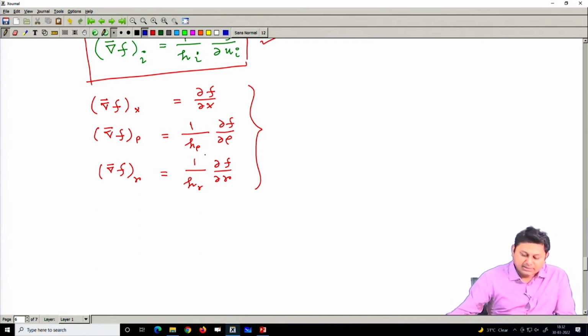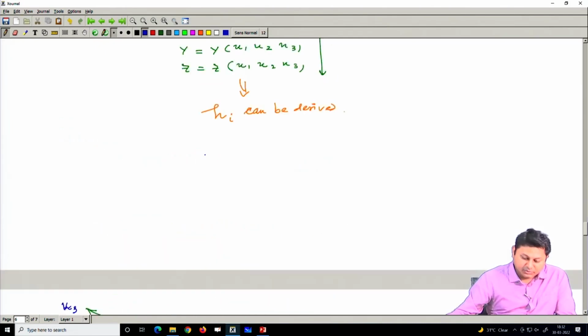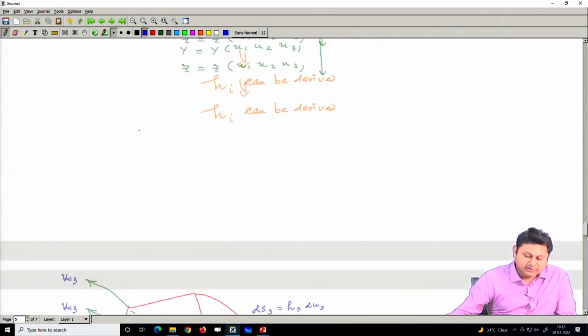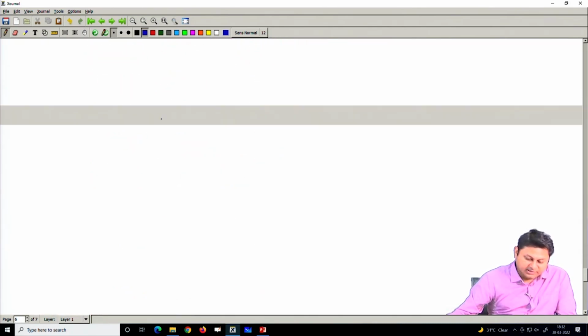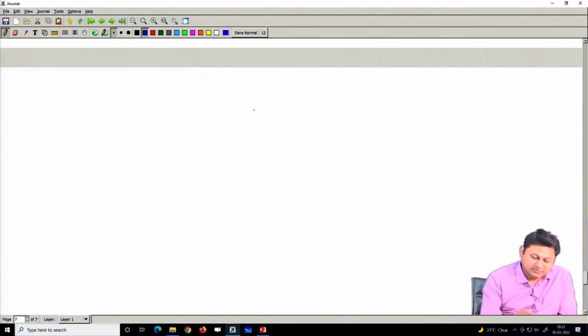How can one calculate the H factor? I mentioned that if we know the relationship of x, y and z with u1, u2, u3, then from this you can calculate h1, h2, h3 for different coordinate systems. Let us do that for the cylindrical coordinate system, with whatever time we have.